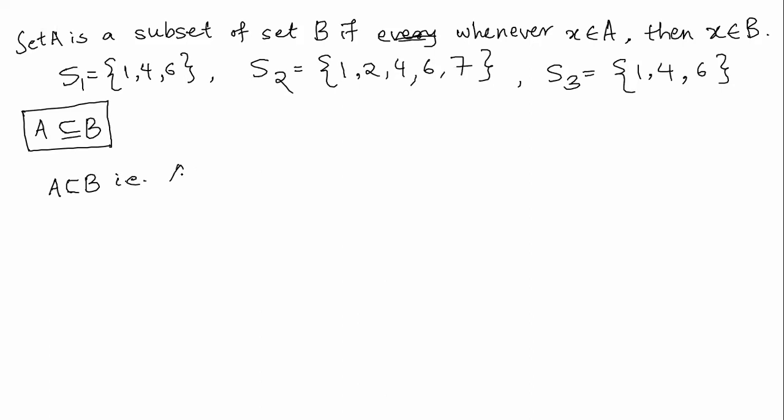That is, A is a proper subset of B if, do you know, can someone contribute? When do we say that A is a proper subset of B? Please, do you have an idea?